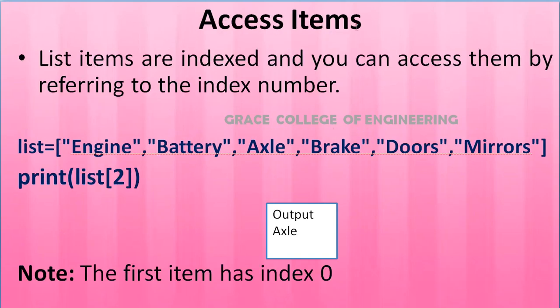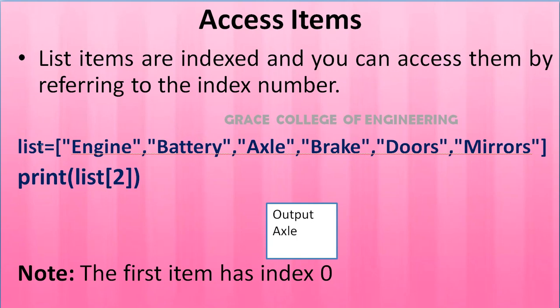Then access the items. To access the items, we can use the index number. Only based on the index number, we can access the items in the list. So list is equal to the elements engine, battery, axle, brake, doors, mirrors. All these elements are stored in list.